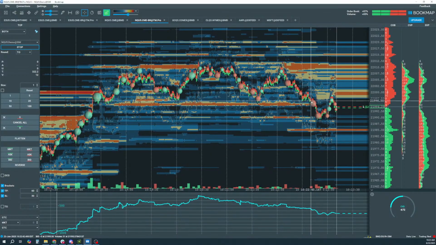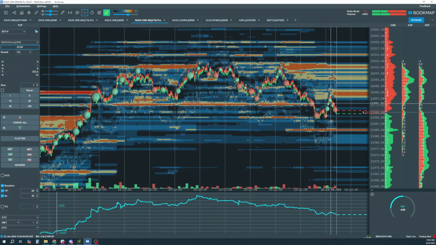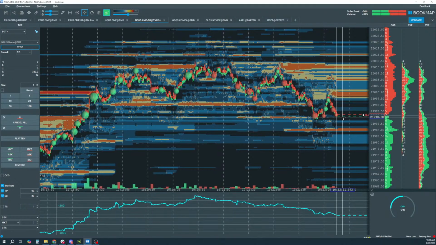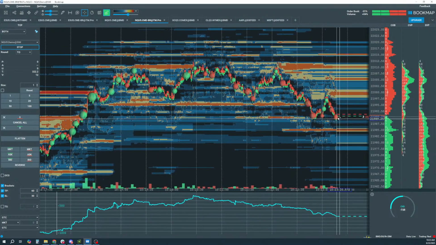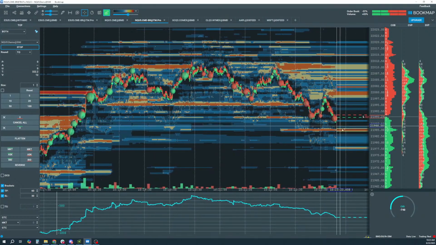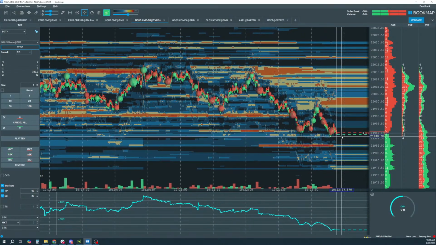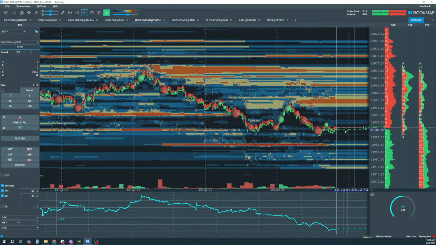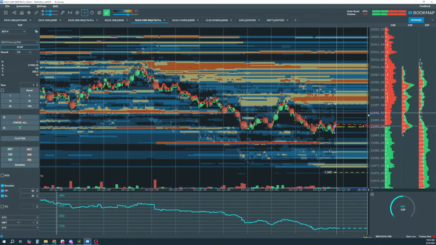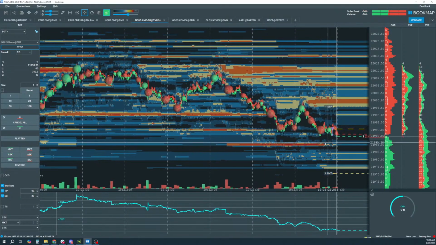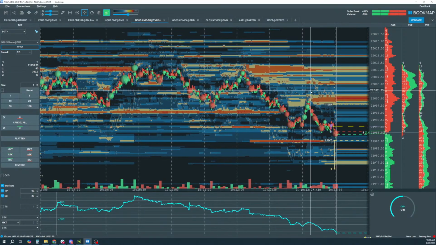Okay, so there's a move back up, and let's see if we can go back down and hit 85 here. It looks pretty good for hitting 85 here. All right, we can take maybe a quick scalp on that too. Let's see if we can just get a move down here to 85.